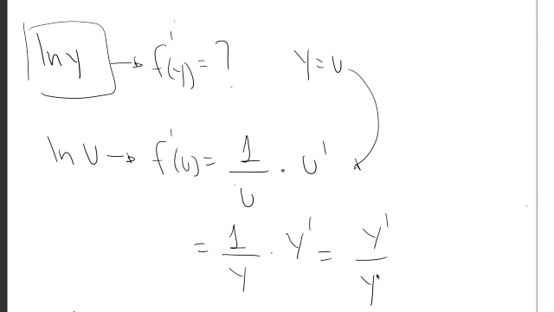Let me do it again. I understand that this is the first time that we're working with this, so let me go through it one more time. We have the natural logarithm of y. We're trying to find the derivative of the natural logarithm of y with respect to x. We first apply the chain rule by, instead of having y, we're going to have u.